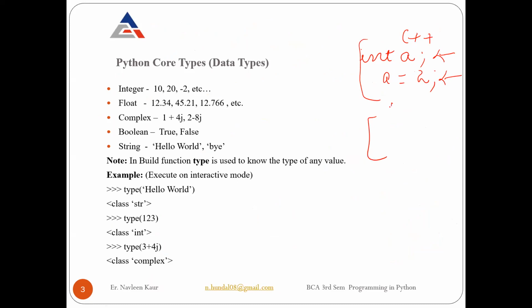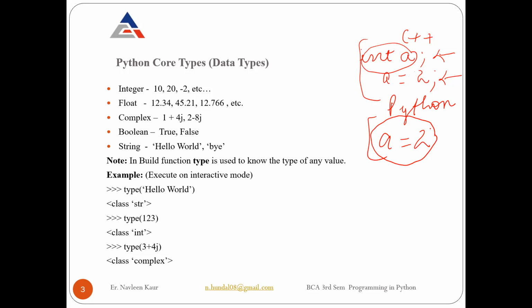It means in Python, if I want that a should contain value 2, I don't need this declaration. I directly write a equals 2. Okay, so although I am not declaring it in Python because it is not required, still the data that I am creating has some data type, right?